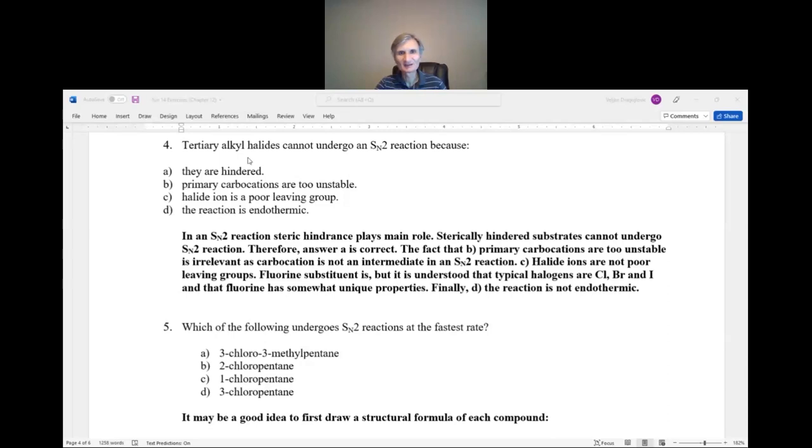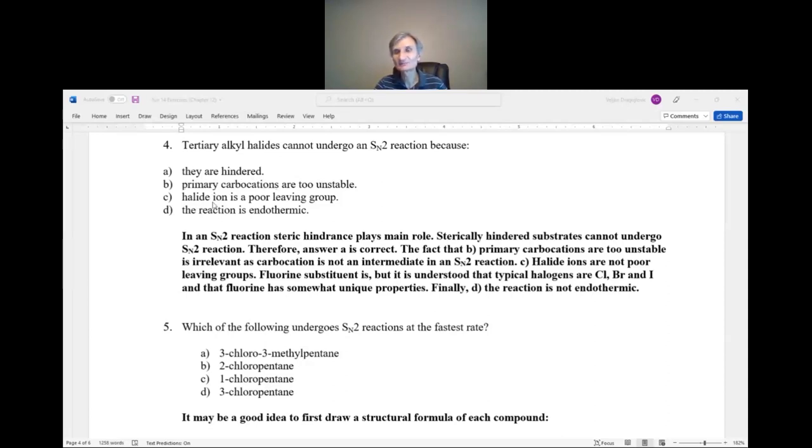That's actually the reason why primary substrates don't undergo SN1 reactions. They flip to another question. So let's stick to tertiary alkyl halides cannot undergo SN2 reactions. So I just explained: tertiary, because of the steric hindrance. So tertiary alkyl halides don't give tertiary carbocations as intermediates, so this doesn't make sense.